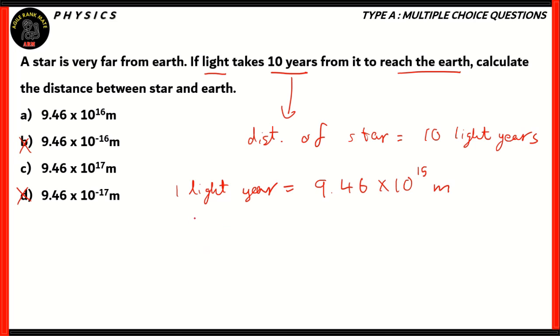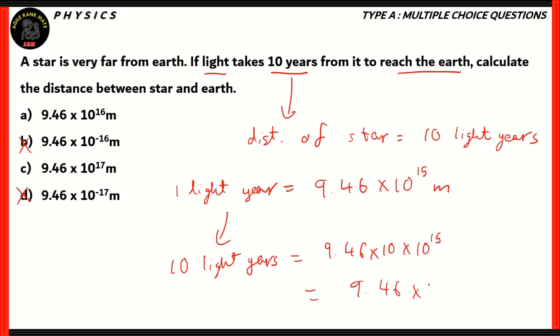Now, since 1 light year is 9.46 into 10 raised to 15, that means 10 light years is basically the same value multiplied by 10. So 9.46 into 10 into 10 raised to 15, which when calculated gives you 9.46 into 10 to the power 16 meters.